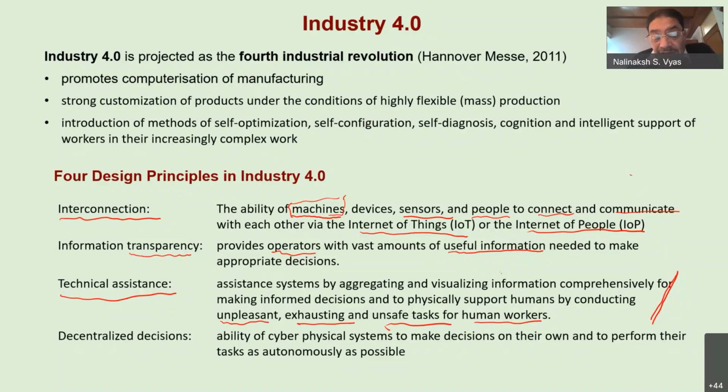Why nuclear power plants? Even hospitals are using robots for unpleasant, exhausting and unsafe tasks for human beings. Also, decisions can be decentralized, depending on whom you assign the decision making power to on your platform.